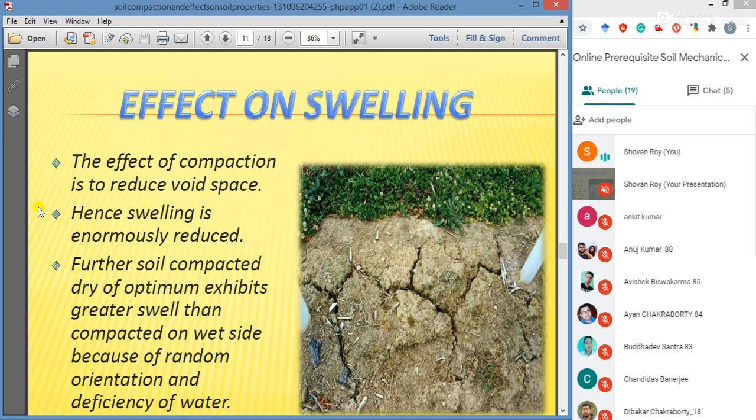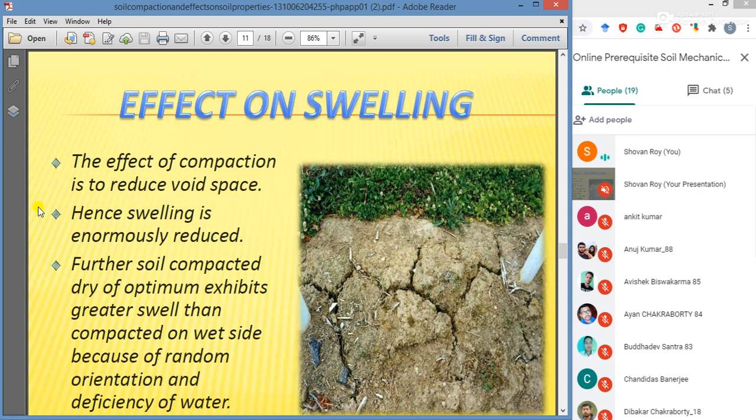It will be very convincing if you perform the shrinkage ratio test. From the shrinkage ratio test it will be clear, because it is totally different from another test. Only from the shrinkage ratio test can you understand this type of shrinkage and swelling behavior of the soil.